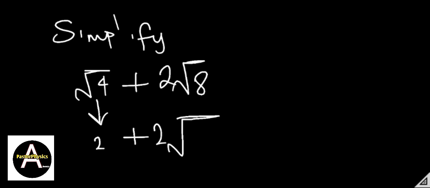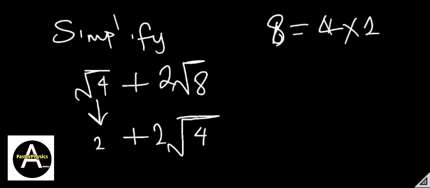We know that 8 is not a perfect square, right? So what do we do? We know that 8 cannot be broken down into a whole number. But if we view 8 very well, we can discover that 8 can be broken down into 4 times 2, right? So we expand this to be root 4 times 2.